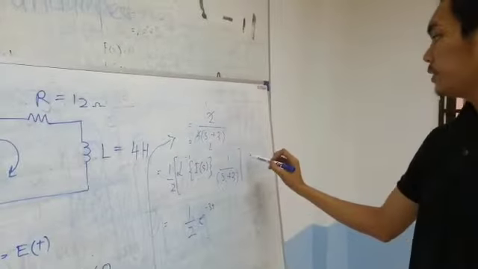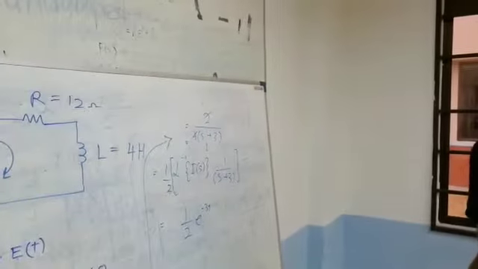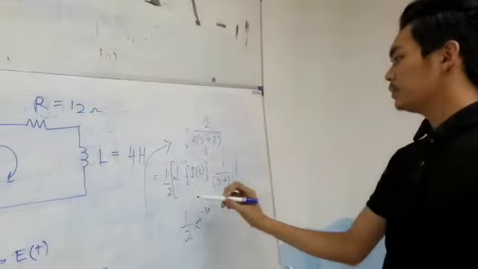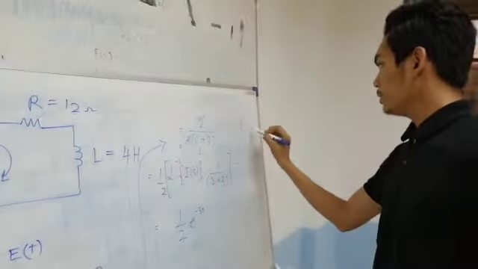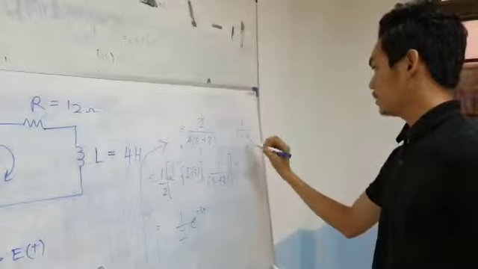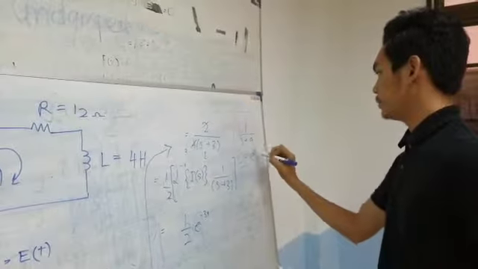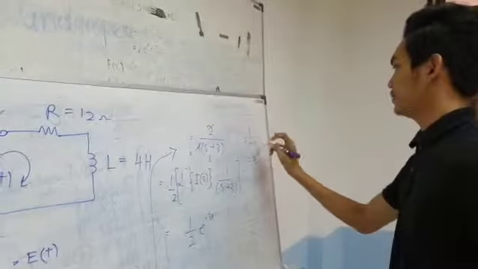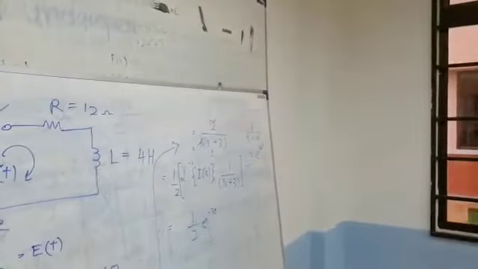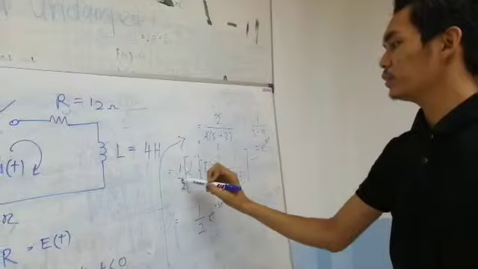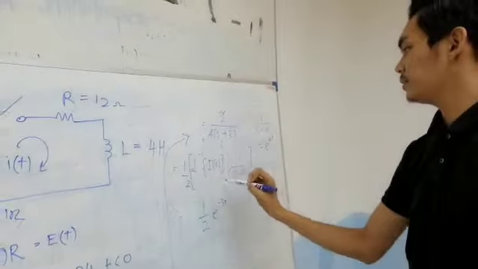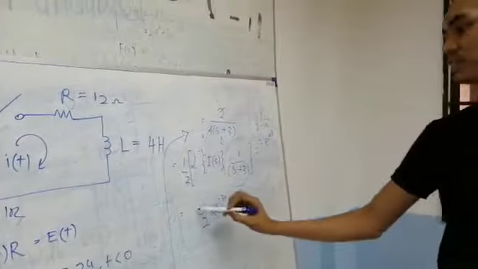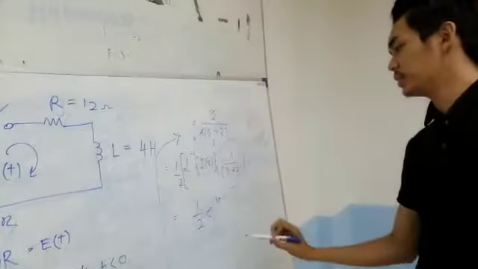In this equation, we must do the inverse Laplace to get the real answer. So we know that 1 over s plus a equals exponent of minus at. So the answer here is 1 over 2 multiplied by the inverse Laplace of this equation. So this is the correct answer that we all got.